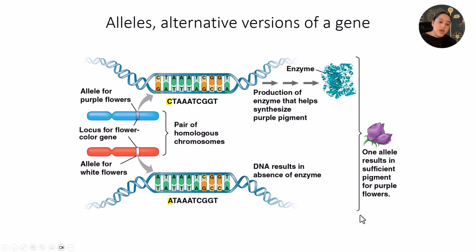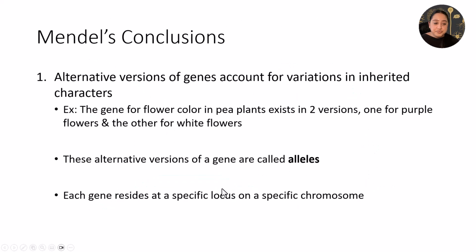That's why there are white flowers, because no purple pigment is put into the flower. That shows how alleles are different versions of one gene, and there's literally a small difference in the DNA sequence that leads to these physical differences. We'll talk a lot more about that in future lectures, but there are different versions of genes that can be inherited because they're on chromosomes.